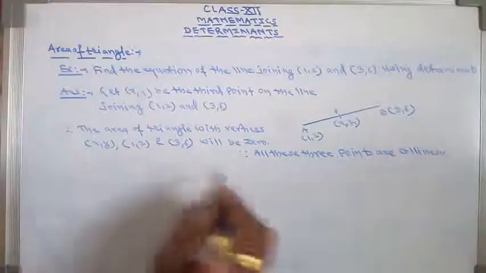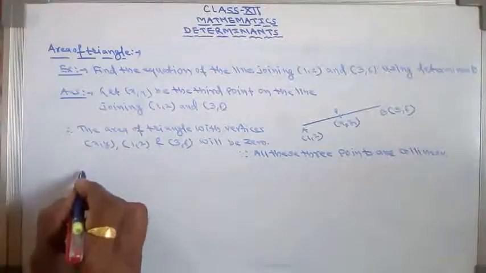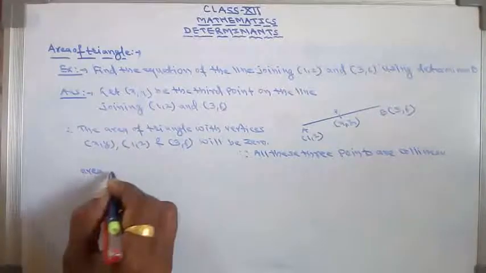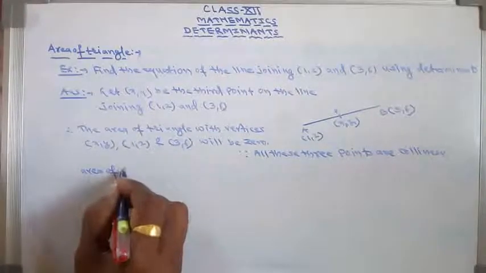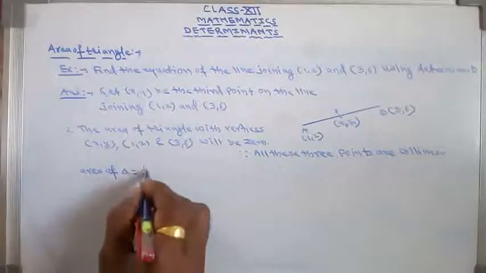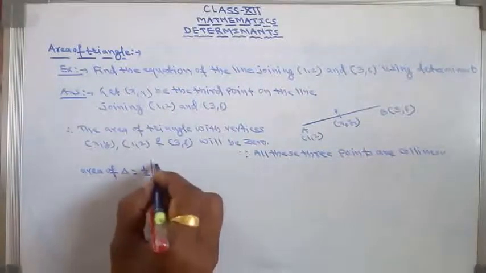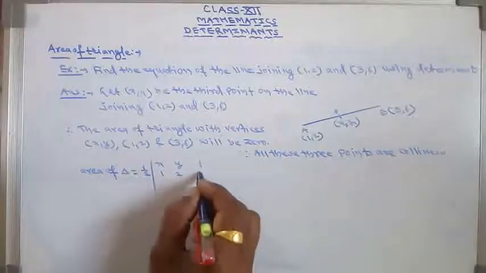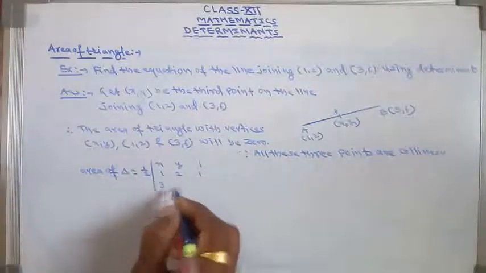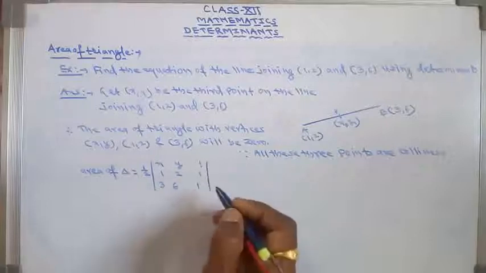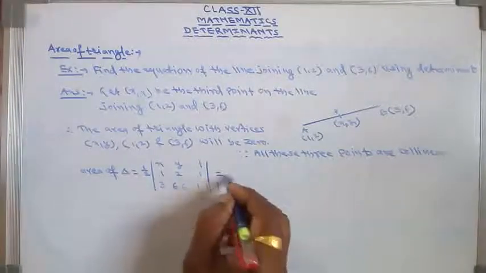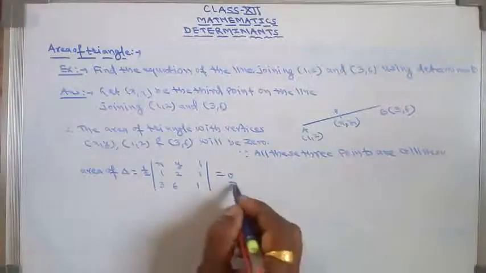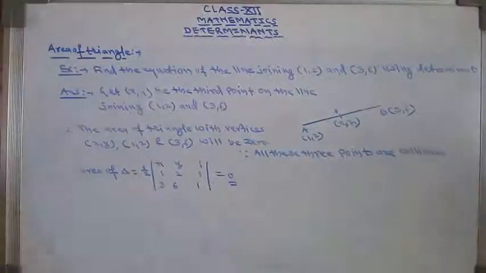Therefore area of triangle equals half into the determinant with rows x, y, 1; 1, 2, 1; 3, 6, 1, and this equals 0, because these three points are collinear.